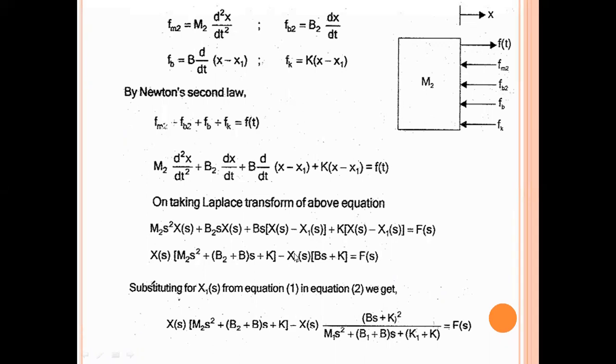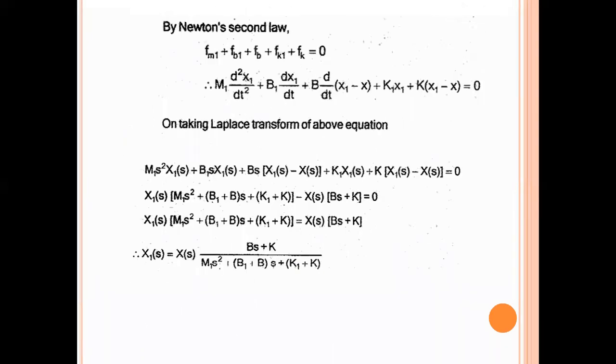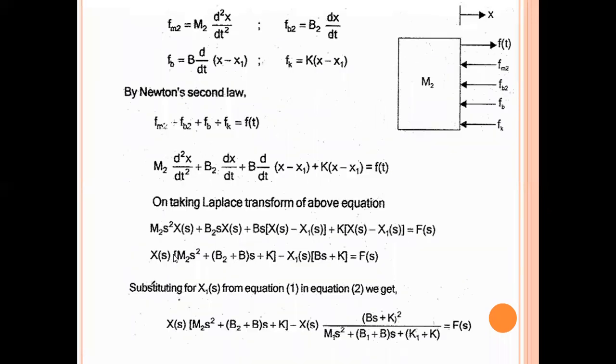How can we do it? We have already calculated x1 of s, which is equation number 2. Substitute this equation in the place of x1 here. Here we have x1, right? So substitute that x1 value here, substituting x1 of s from equation 2 in this equation.